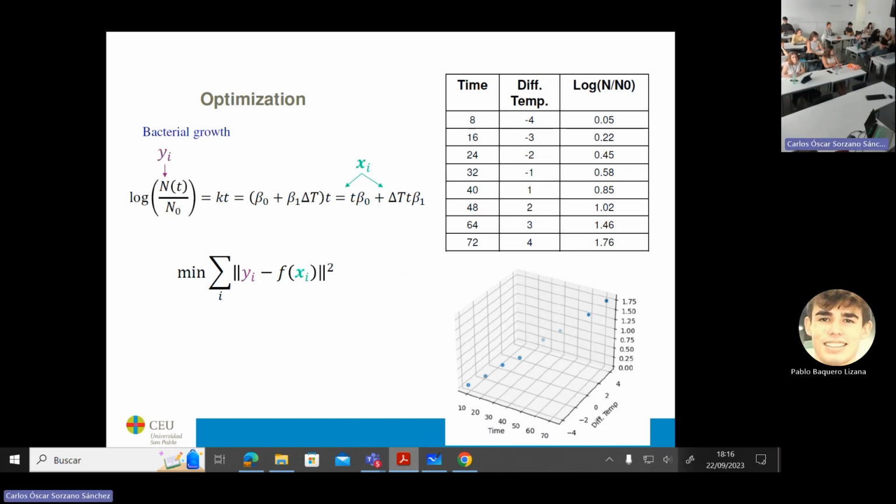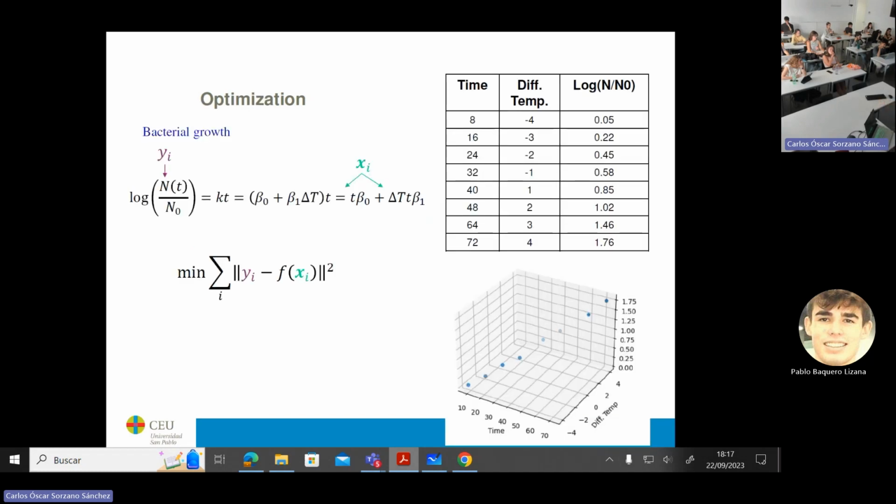These are my inputs: time and delta temperature. So which are the parameters? What I have to do is to play with beta naught and beta 1 and try to make this difference as small as possible. This is my prediction. This is what I observed. And I have to find beta naught and beta 1 that make this smaller. So that is the optimization problem I have to solve.